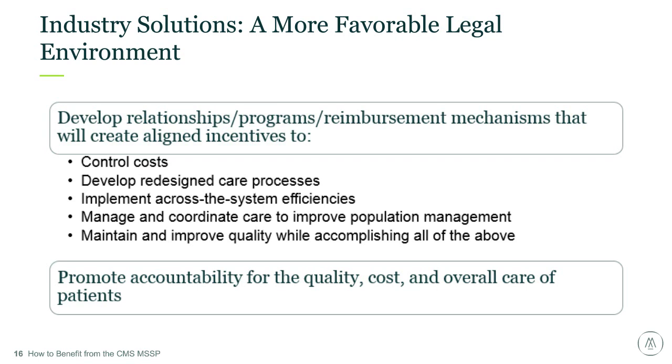So, looking from inpatient care to post-acute care, how do we as a network drive that cost down and legally incentivize the right behaviors to get us to that point? And really throughout it all, promoting accountability for the quality, cost, and overall care for our population of patients.